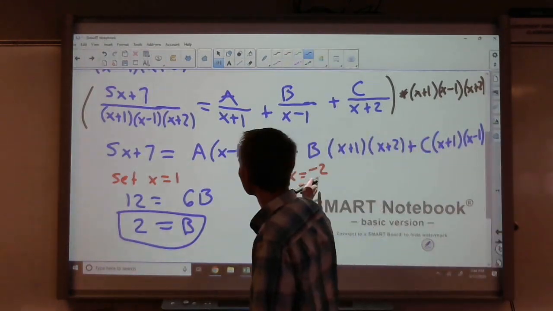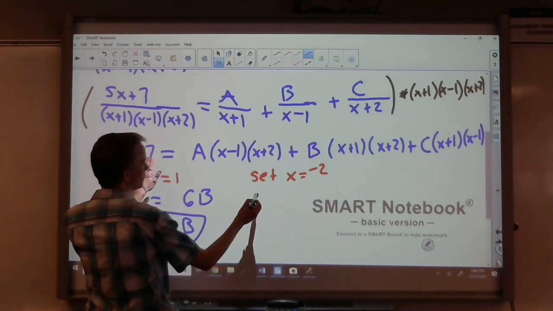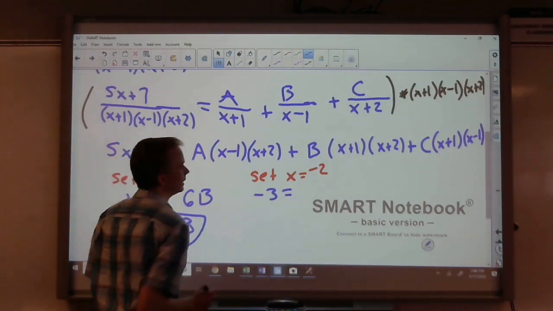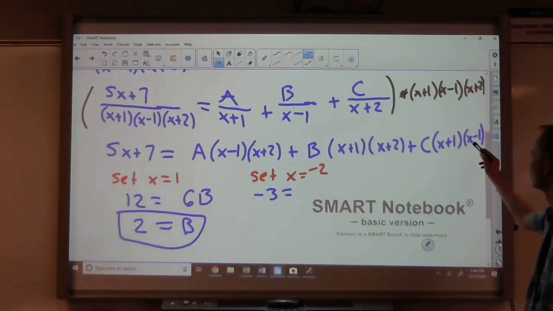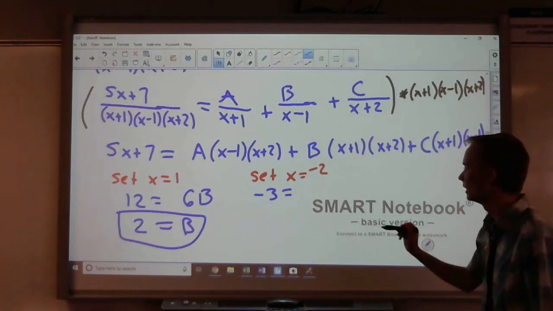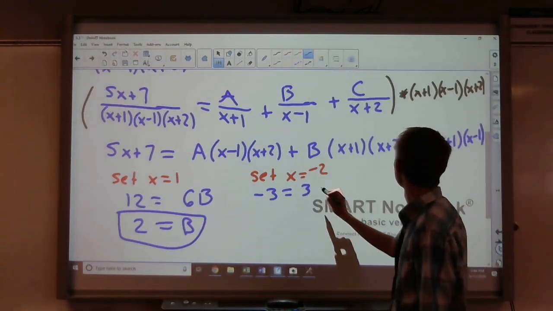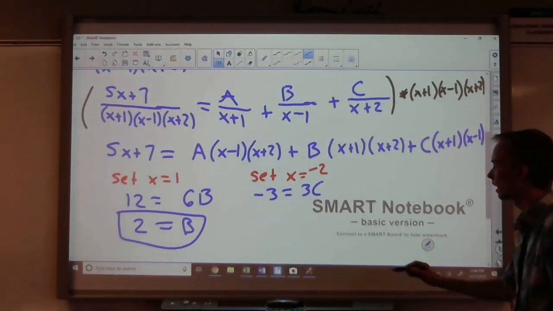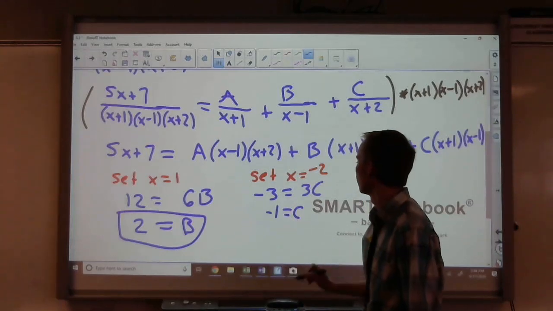So I'll do that first real quickly. 5 times -2 is -10 plus 7 is -3, which is equal to -2 plus 1 is -1 times -3. So that would give us +3C. Divide by 3, we get C is -1.